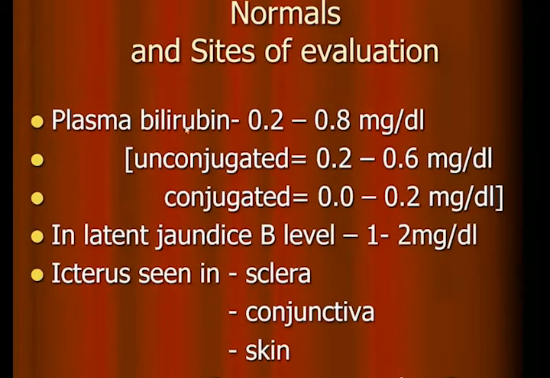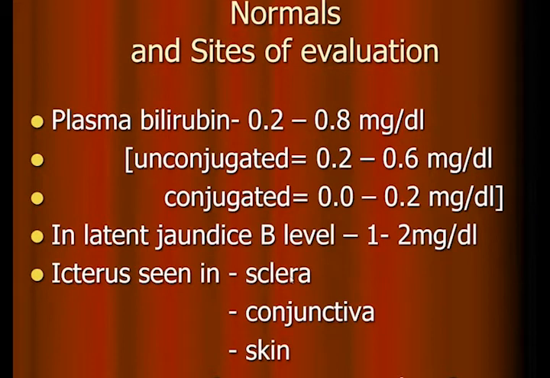So normal levels, I have already told you, plasma bilirubin will be 0.2 to 0.8, or less than 1, you can say. So you should know how to find out whether the patient is having jaundice. You will just see in the sclera, the conjunctiva, the skin, and the mucous membrane in the mouth.